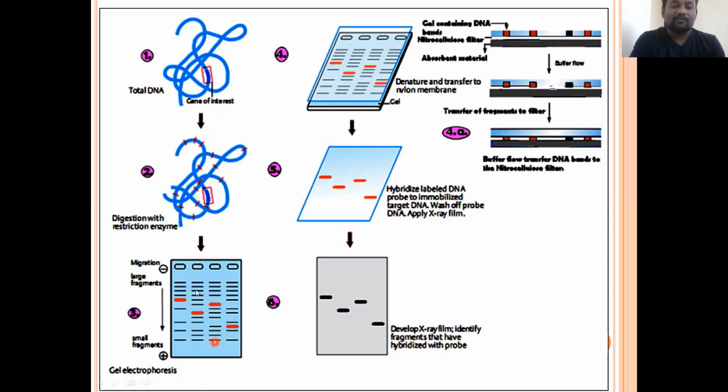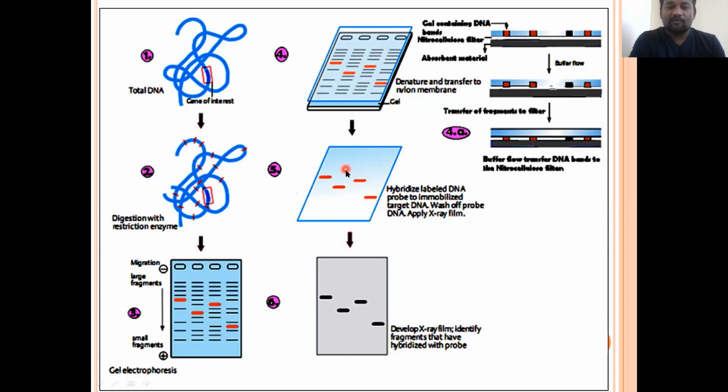After the electrophoresis is over, the third process starts, that is the transfer of the gel containing protein or RNA or DNA onto the membrane. So transfer of DNA or RNA or protein onto the membrane, that is the transfer.